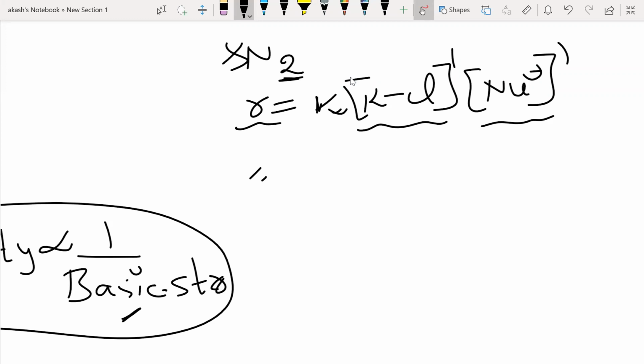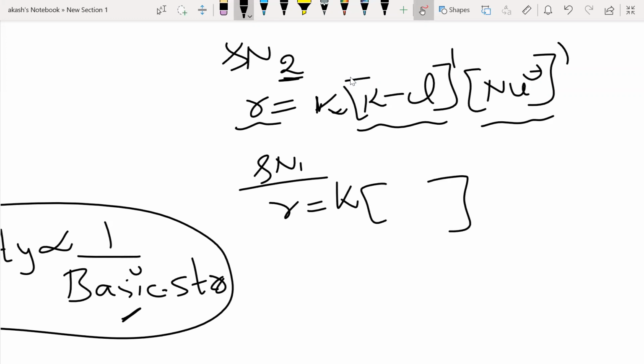Now, if it is going to be SN1, the rate of the reaction will be K into what? This is first order. I cannot have both of them. Either one of them is going to come. Is it going to be the nucleophile or is it going to be the substrate?